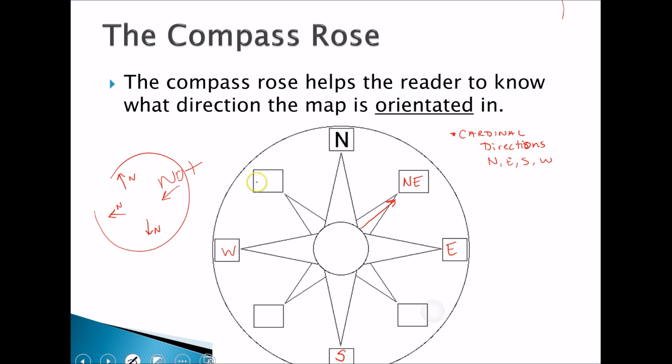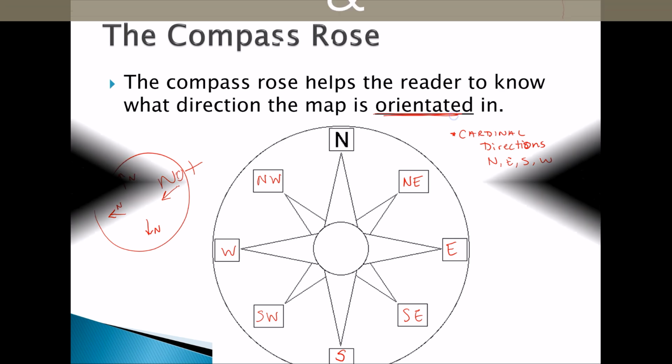Then we have northwest, because it's north of the west point. Then we have southeast, because it's south of the east point, and we have southwest, because it's south of the west point. This design of the compass rose will appear in some way on each map you see. If it's missing from the map, you will have a difficult job finding where you are.